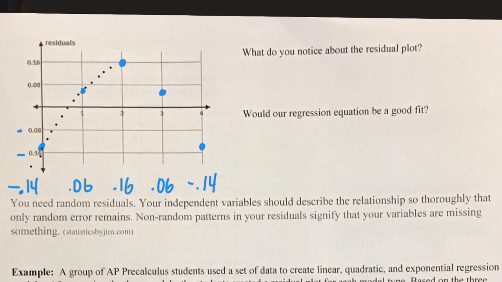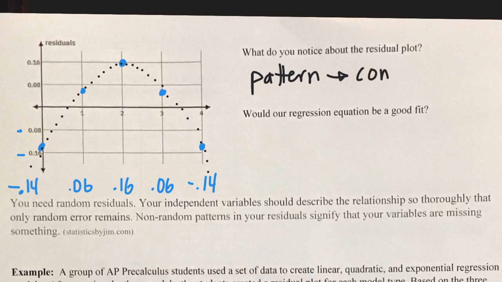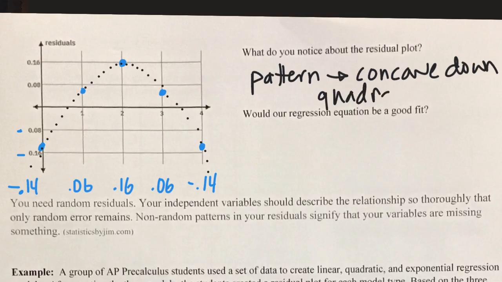There looks like there's some symmetry here, but what kind of algebraic graph is that? It's like a concave down parabola. So there's a pattern here, a pattern giving us a concave down parabola, which is kind of strange for the residuals to do.